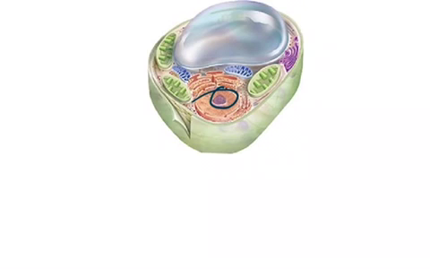3 of them. Number 1 is a cell wall, okay? And the cell wall is made of cellulose.